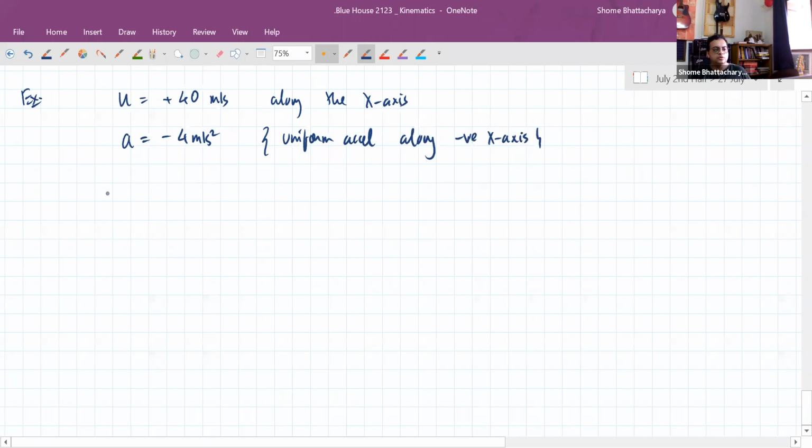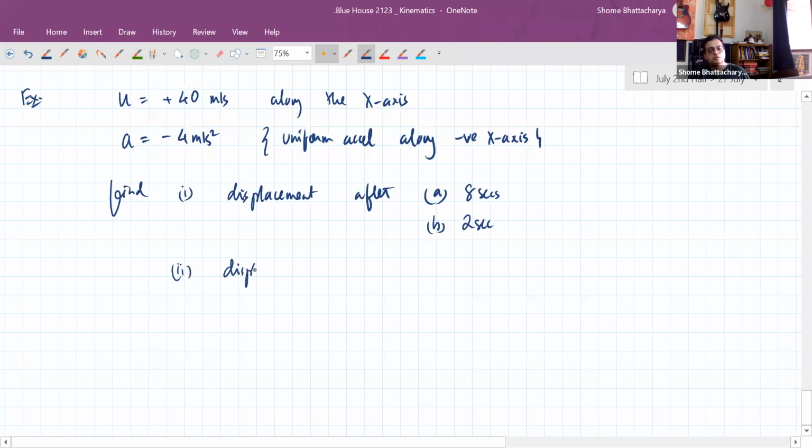Now we have to find the displacement after 8 seconds, and the displacement from t equal to 8 to 12 seconds.